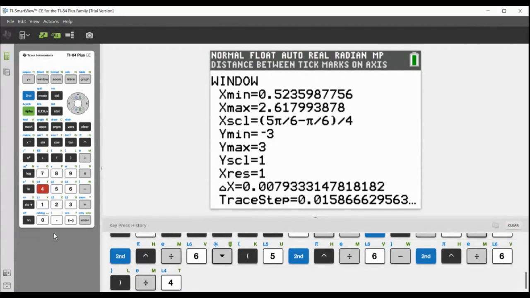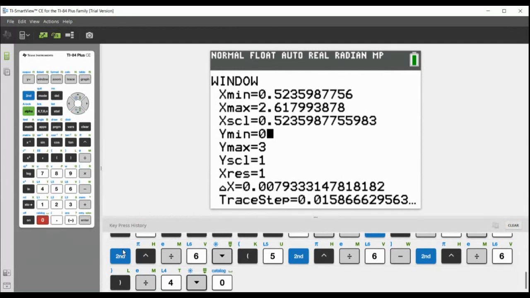Maybe I want 4 tick marks in my graph. I know it's going to be a positive function, so I'll let y min be 0. I know that 9 is the highest value, or I should be careful here. 3 would be the highest value it could ever take. So y min will be 0, y max will be 3.